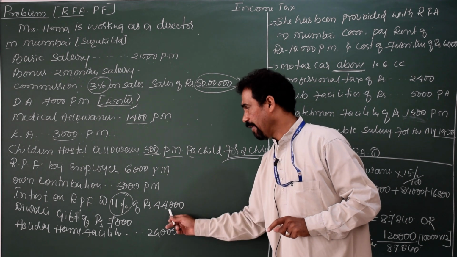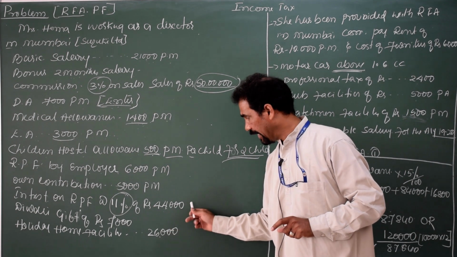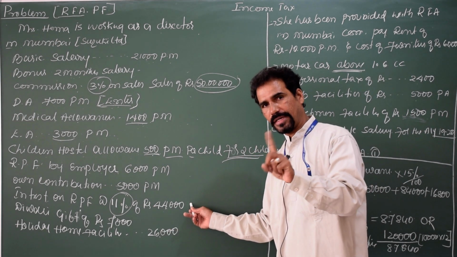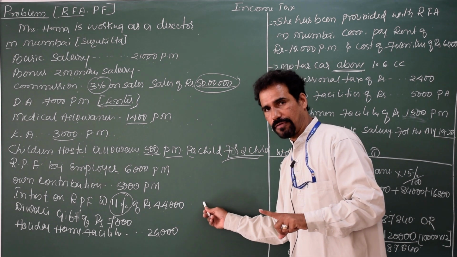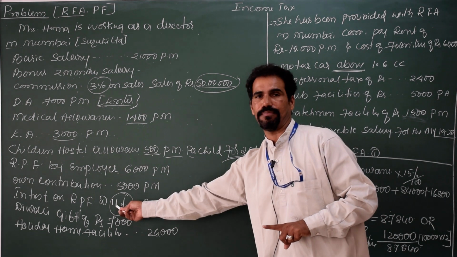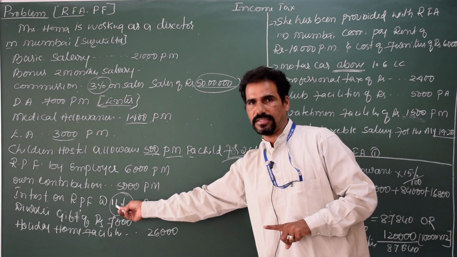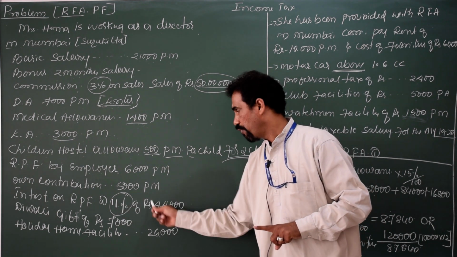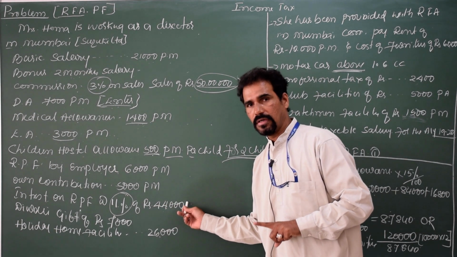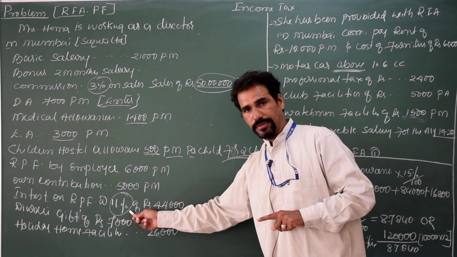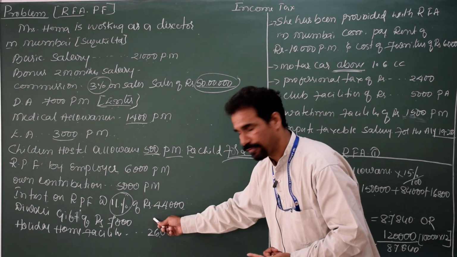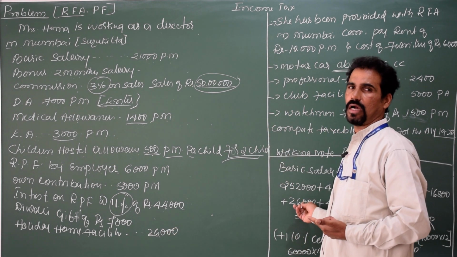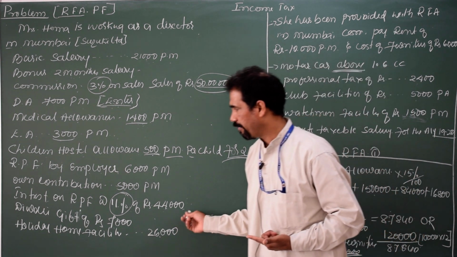It's a very easy method: 44,000 into 1.5 divided by 11%. So we will get the answer. Otherwise, 44,000 is given, you take 9.5 in the column, and the remaining 44 minus 9.5 is transferred to the outer column. That is also one method.